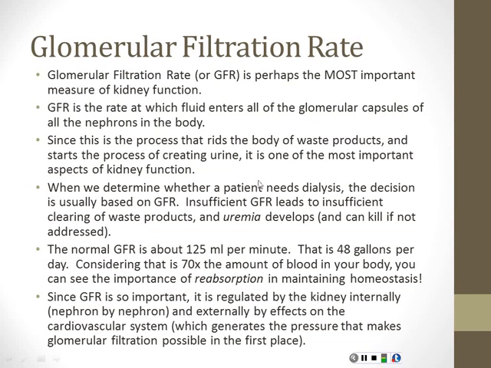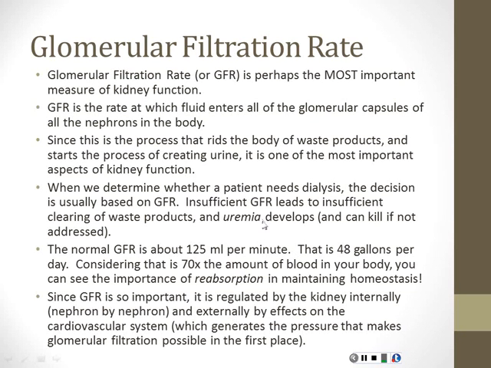So, for example, you've all heard about dialysis. Dialysis is a way for us to use a giant machine to do what the tiny little efficient kidney does. And typically, we base our decision about whether a patient needs dialysis on their glomerular filtration rate. When the GFR is too low, that's the trigger.